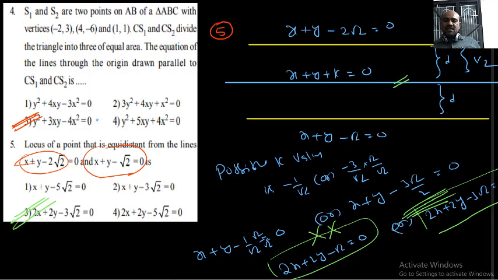How? Take any point on this line, the point should be in between these two straight lines. We have the formula, no? If a point is given, how to decide that the point is on either side of the line or the same side of the line. By using the inequality concept, you can decide that the point is inside x plus y minus root 2 equal to 0 and x plus y minus 2 root 2 equal to 0.